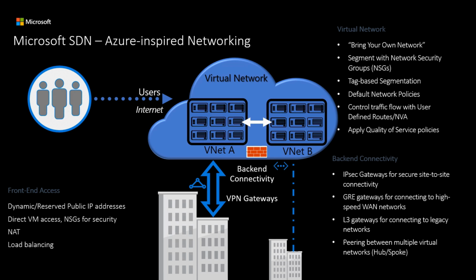So you have a really great baseline. You've used a golden image. You've already applied network policies, and you've met those security requirements before the virtual machine is even built. Very similar again to what Azure provides today.